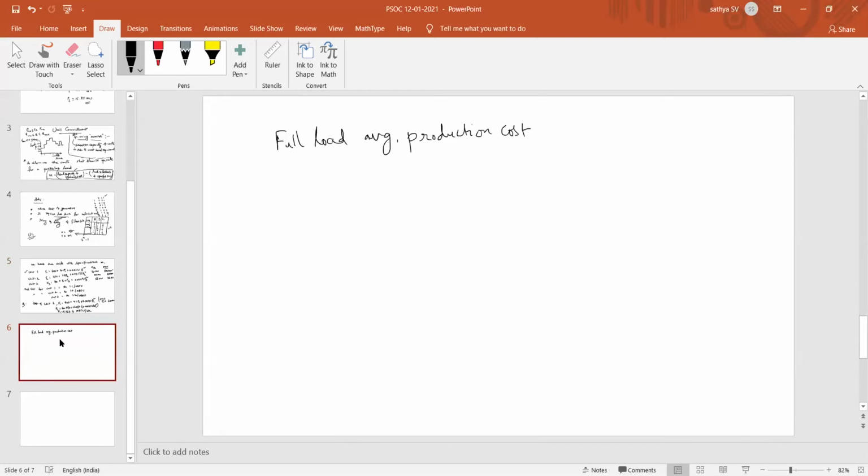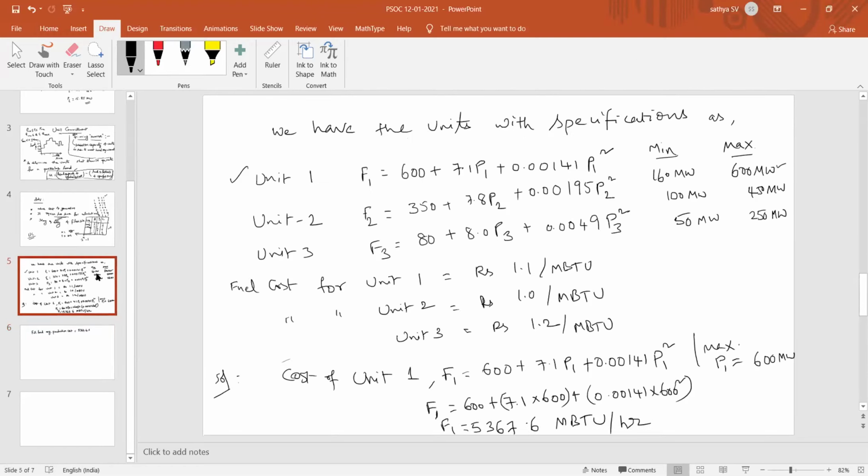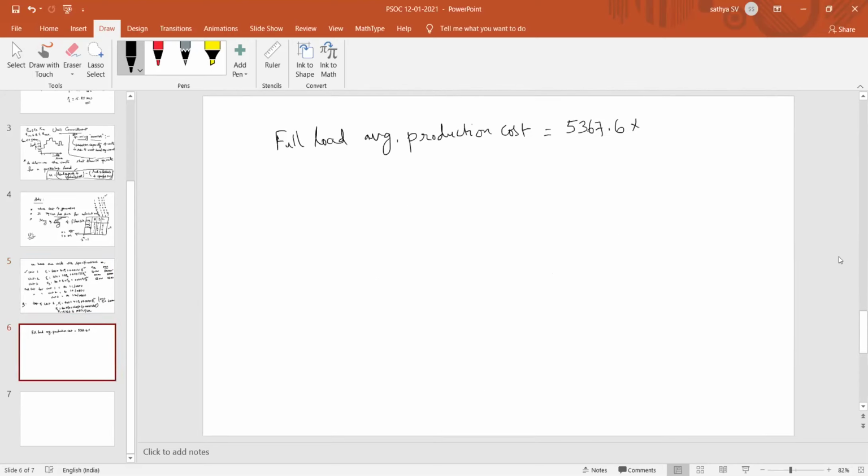So the full load average production cost equals the cost of unit 1, 5367.6, that is our F1 value, multiplied with the fuel cost for unit 1, which is 1.1, divided by the maximum megawatts for unit 1.